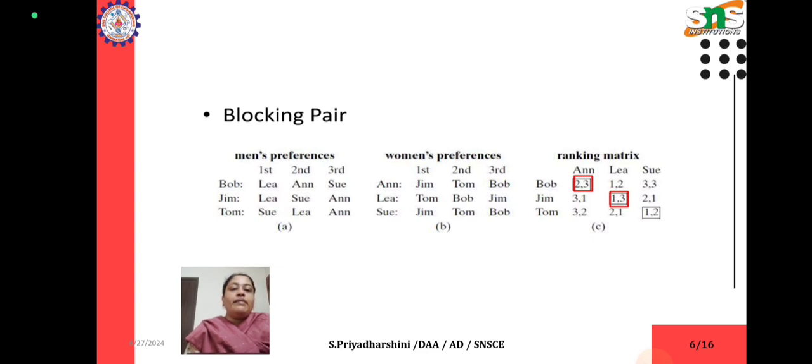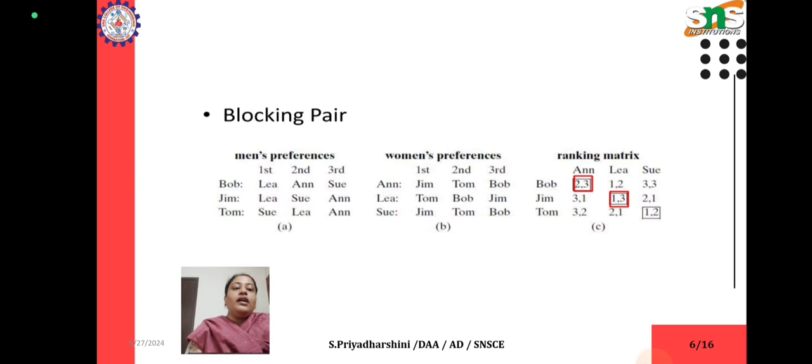In the men's preference, Bob's preference towards Anne is the second choice, so in the ranking matrix the number should be 2. From Anne to Bob, in the women's preference, the number is 3. So for the first row, first column, Bob and Anne is ranked 2, 3.